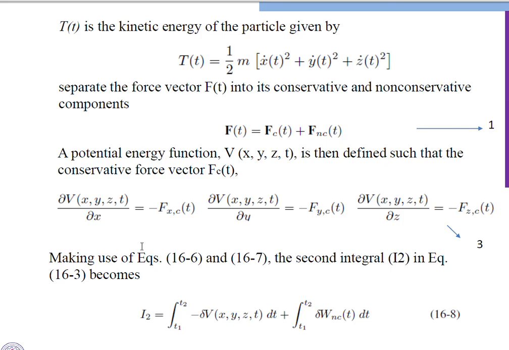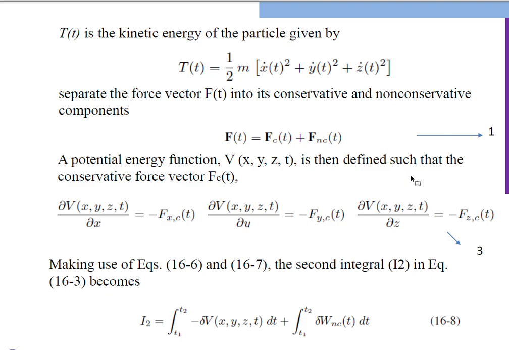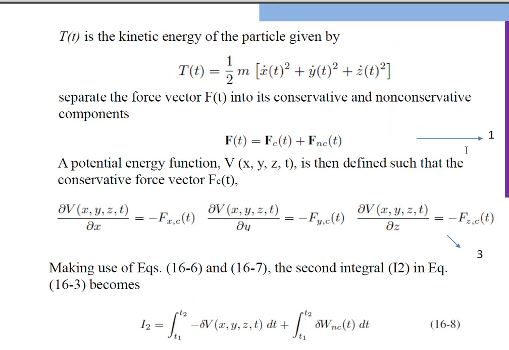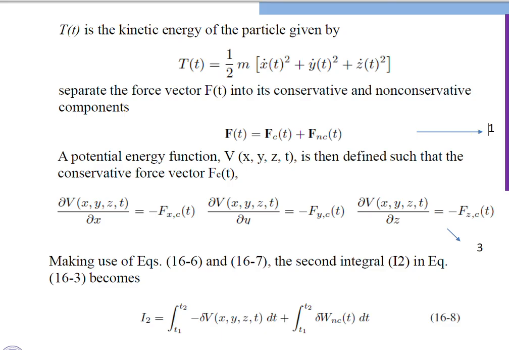Making use of equations 1, 2 and 3, by using these equations, equation 1 and equation 2, we can define the second term of equation 1, whereas I2 is nothing but the integration of the sum of this conservative force and the sum of non-conservative forces.